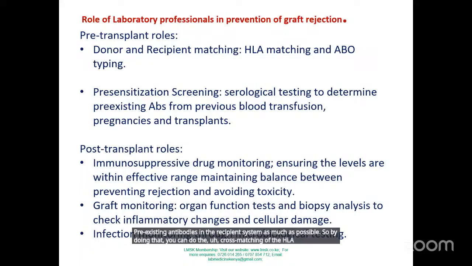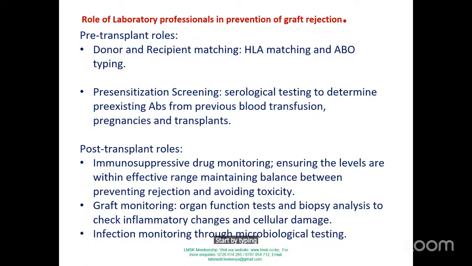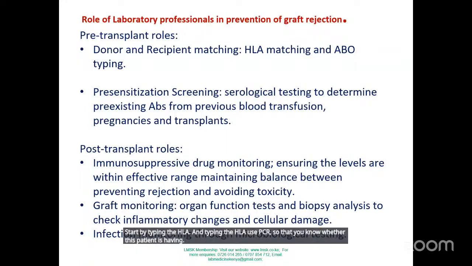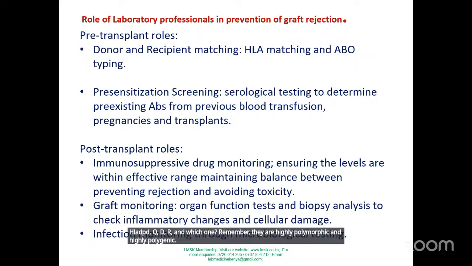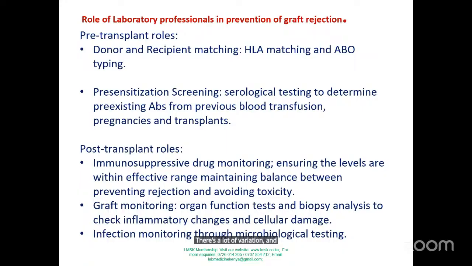First, you start by typing the HLA. To type the HLA, you use PCR so that you know whether this patient has HLA DP, DQ, DR, and which one. Remember, they are highly polymorphic and highly polygenic. There is a lot of variation, and there are also different genes encoding for this HLA.